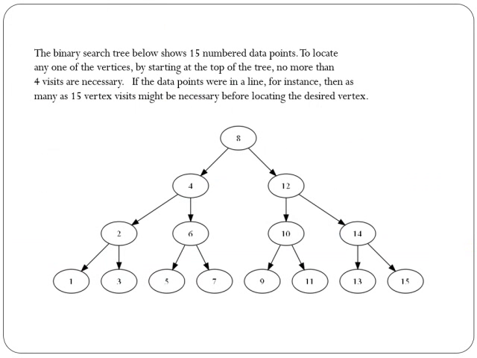Our next example is of a binary search tree. Now, think of each vertex as a data point, and you want to locate a particular data point in your data. So for example, suppose you want to locate the data point number 15.